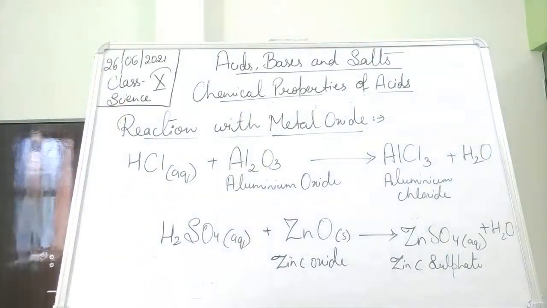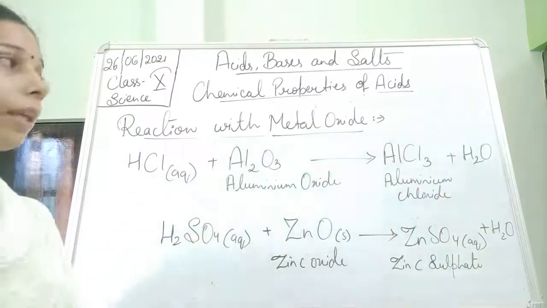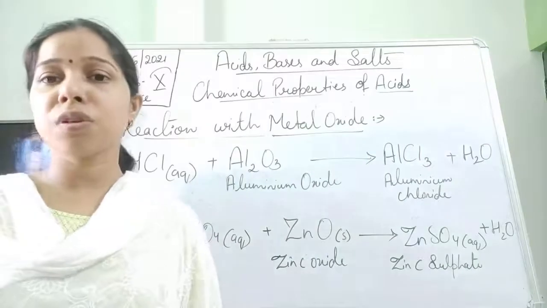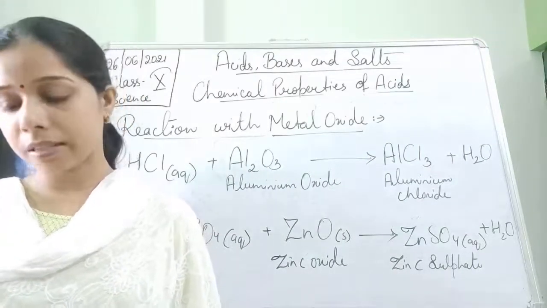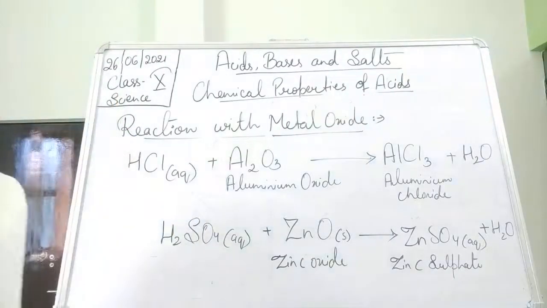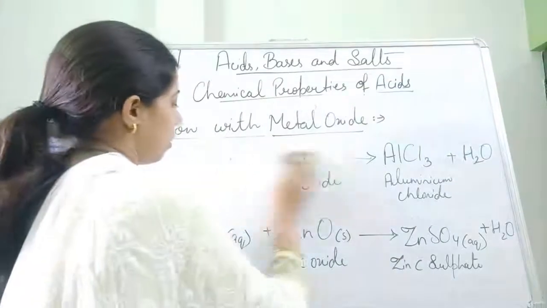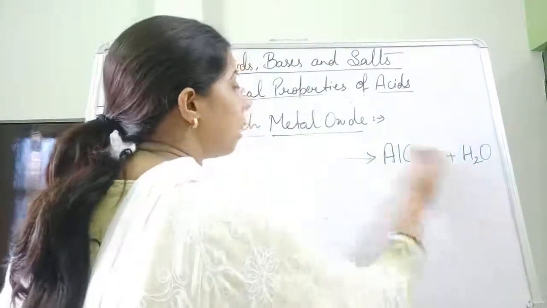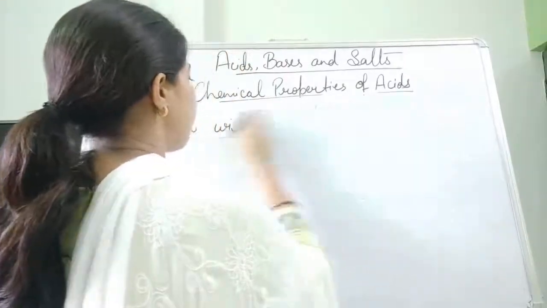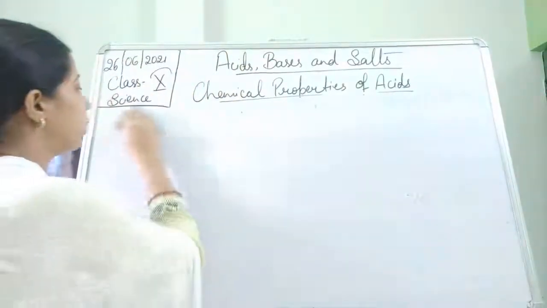Now let us see what are the different uses of acids. Different acids we know, different mineral acids are there. So let us see what are the different uses of these strong acids or mineral acids. The first one, we will start with hydrochloric acid represented by HCl.